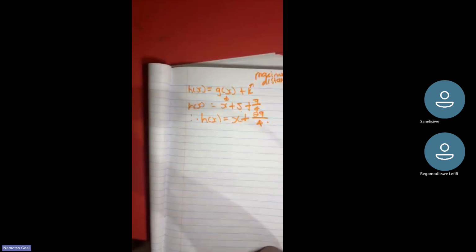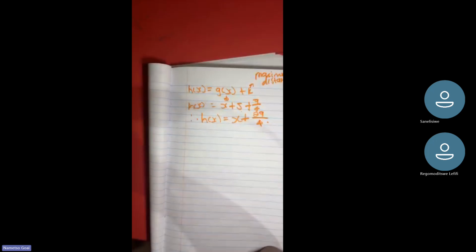Remember how you can differentiate these things: if it's a parabola, it's most likely to be raised to a power 2. If it's a hyperbola, it'll be in a fraction form. And if it's just raised to the power x, then you have what we call an exponential function, right?